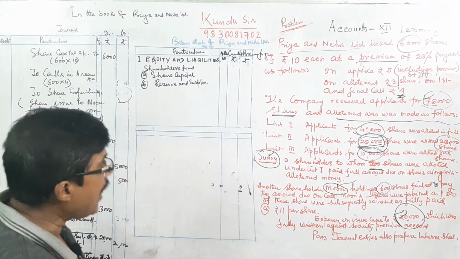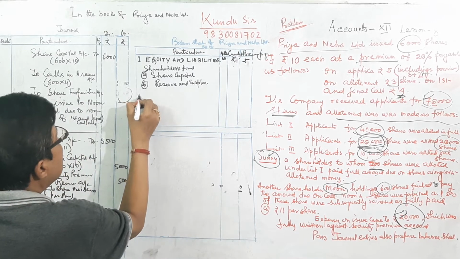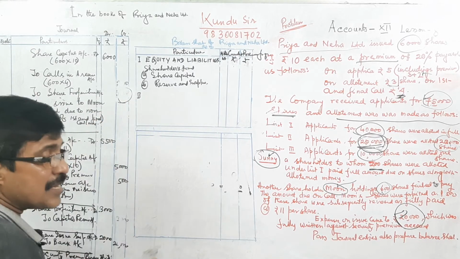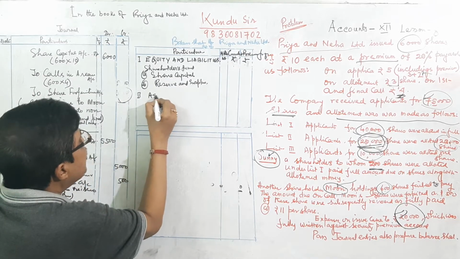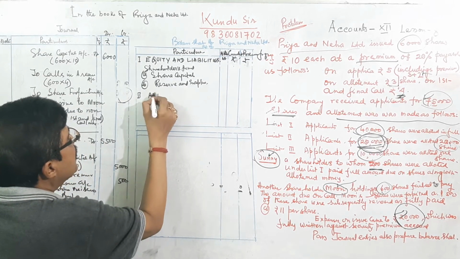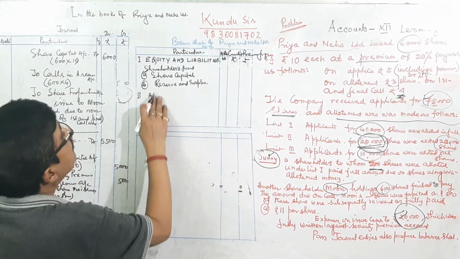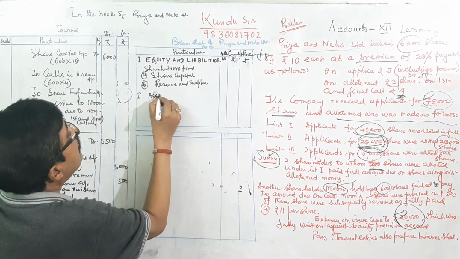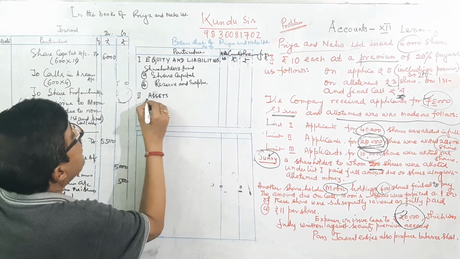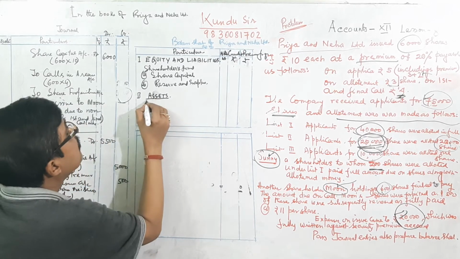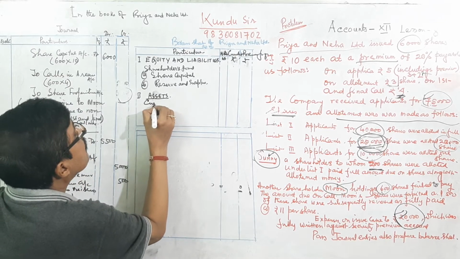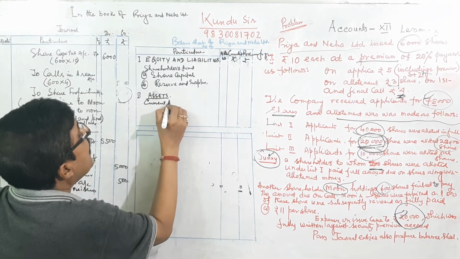Next, the second is assets, as there are no fixed assets. Under assets we should write current assets. What is current assets?